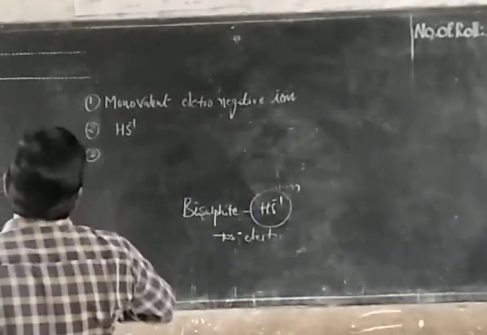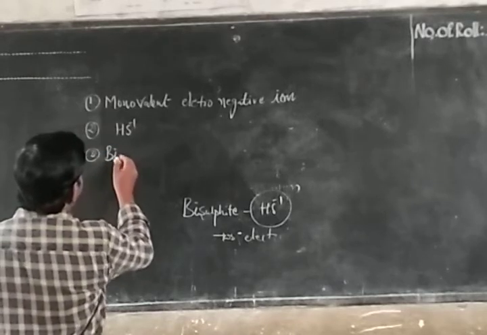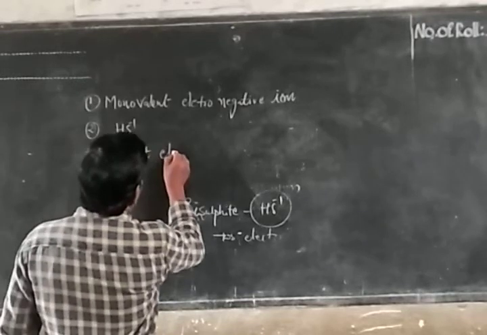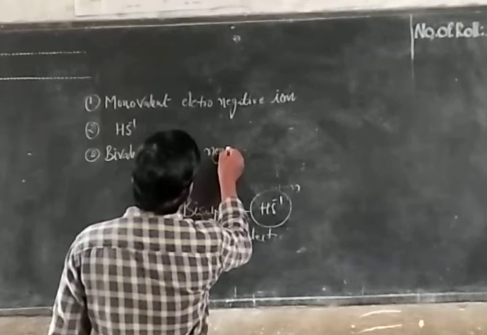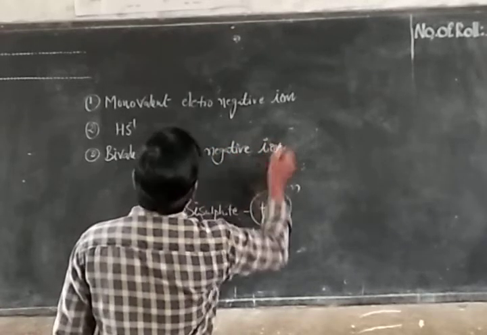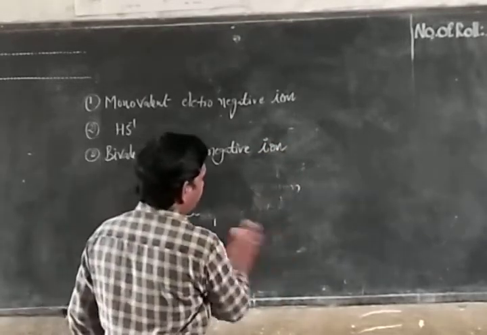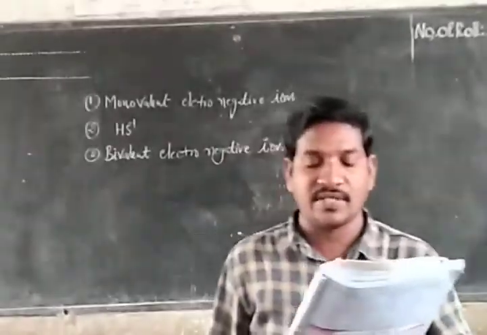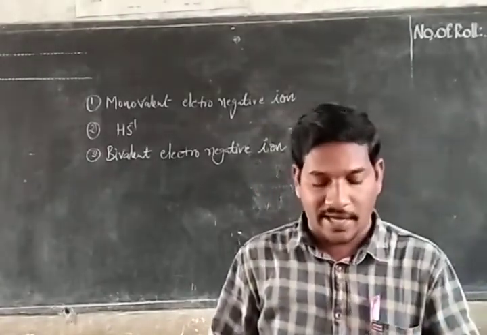It is also a radical. An ion or radical formed by the acceptance of two electrons is called bivalent electronegative ion or radical.